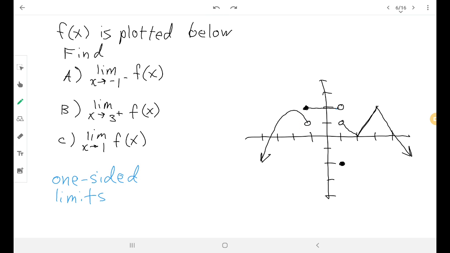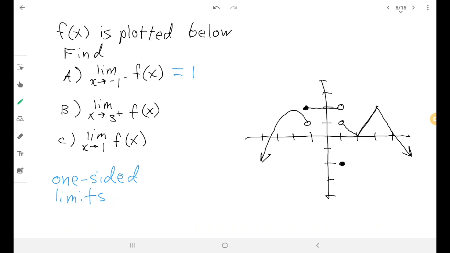And if we were approaching from the right, we'd be moving like that, and we'd be approaching that one, right? So it looks like the y value as we approach from the left is this, and that y value looks like it is a y value of 1. So approximately, from what we can tell, that limit as we approach from the left is 1. That is, the y value is 1 as we approach that x value.